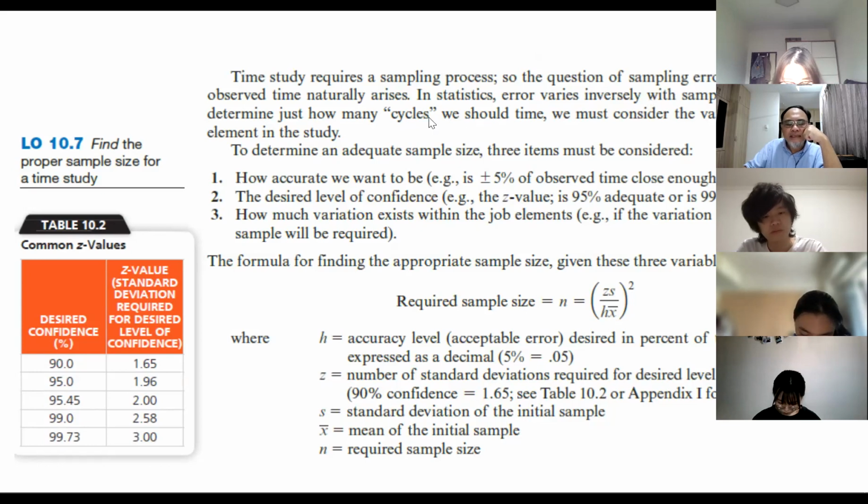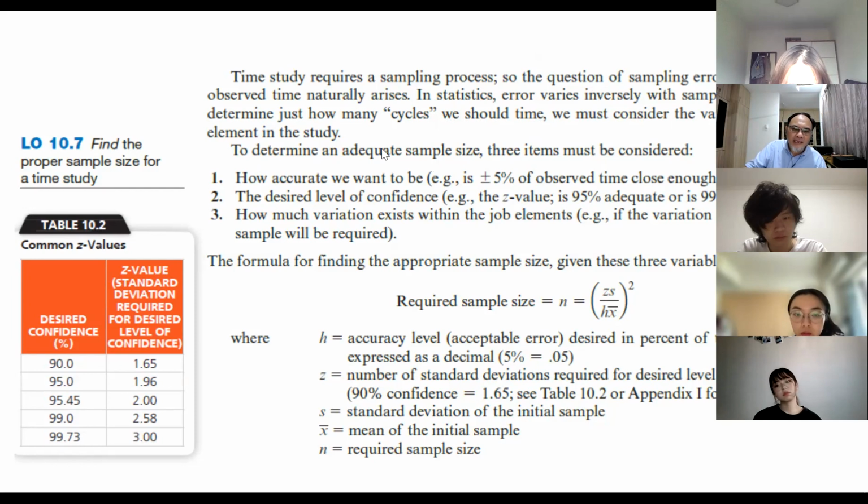If we take too little data, too few cycles, it will result in accuracy issues. In statistics, error varies inversely with sample size. So we want to know how many cycles we should time, and we must consider variability.